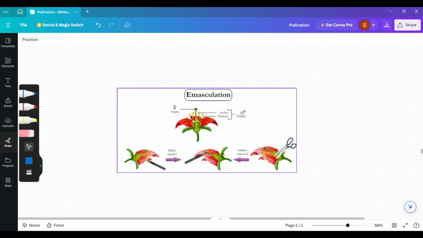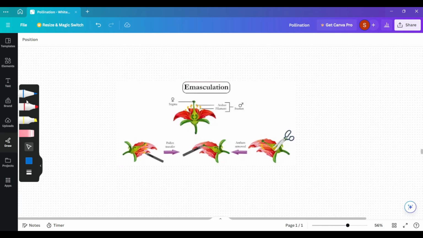It means if we select a plant with desirable characters as a female flower, we should be very careful that the stigma of that flower is not contaminated with the pollen of any other different plant which we have not selected. In that case, we can cover the female flower by a method called bagging.